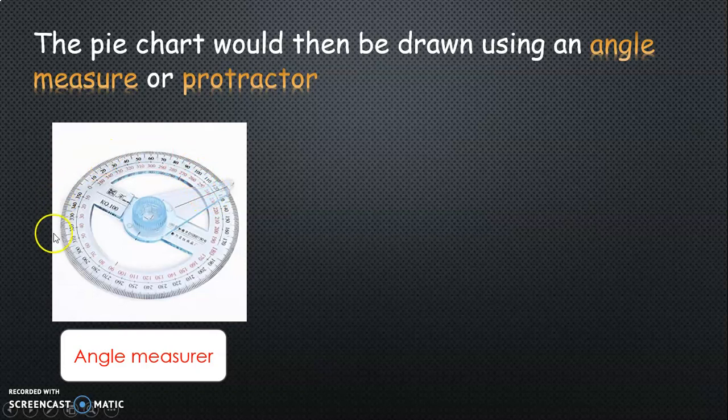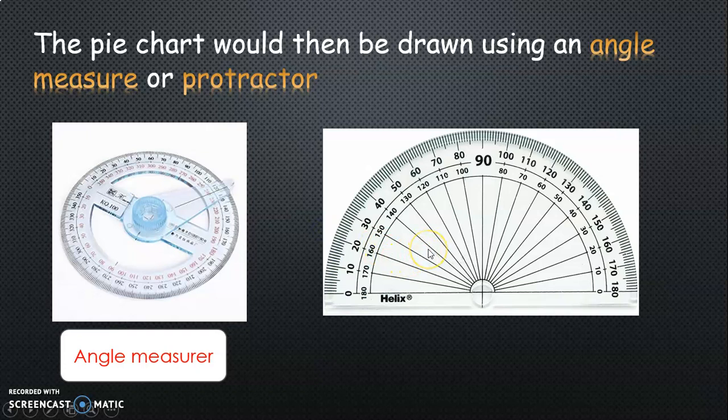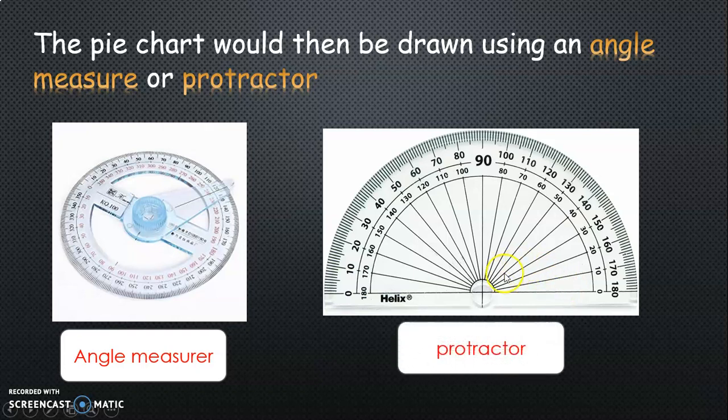Because this is a full circle, it's easy to know the angles of a full circle. While this one is a protractor. A protractor is the one we usually use. But how do we use a protractor?